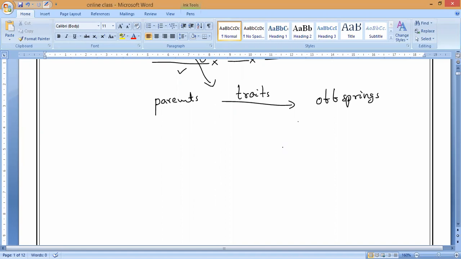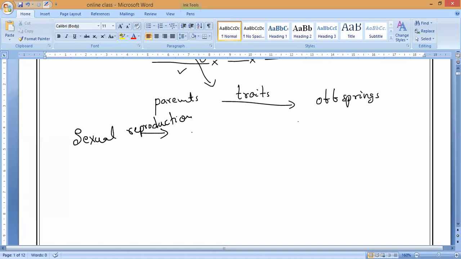Yes or no? Because in sexual reproduction, what is happening? Two parents are involved, both coming from different generations, with different kinds of genes and different families.